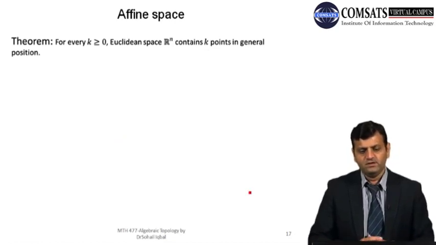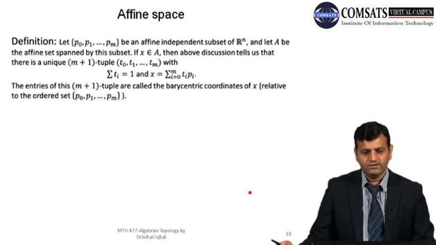We'll be needing this result in our further discussion, and of course we are going to omit its proof because it's irrelevant to our discussion. So this result confirms that if I have any k which is greater than or equal to 0, then the Euclidean space Rn contains k points in general position. We will be using this result in our further discussions.